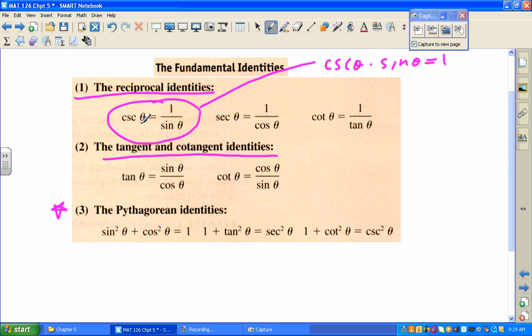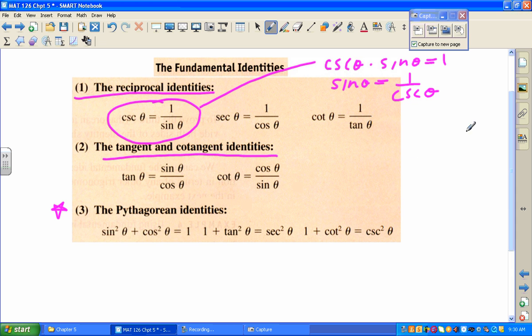You see how that's a rewrite of this one? And finally, you can rewrite it as the sine of theta equals 1 over the cosecant of theta. You have to be very well versed in the fact that you can rewrite identities that look different but all mean the same thing, because you're going to have to use a lot of them.